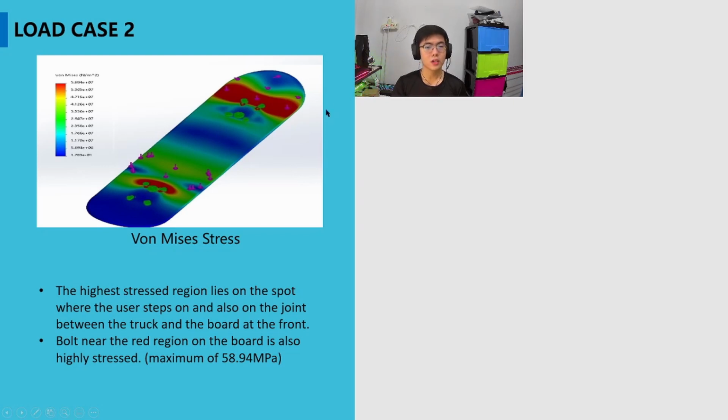While for the other parts, there is almost no stress, blue region, and in between we can see the green one, which is the region close to the red region. Through the simulation, we found that the highest stress is 58.94 megapascal, and this region lies in the bolt itself, which is at the back part.